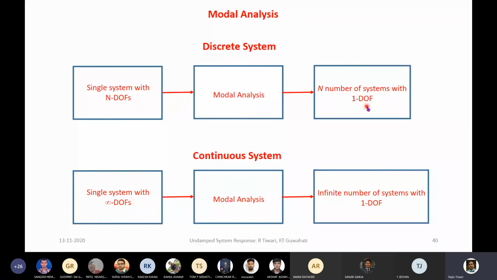In the continuous system, we have a single system with infinite degrees of freedom. Using modal analysis, as we'll see in the subsequent lectures, we can convert the single continuous system to an infinite number of systems, each with 1 degree of freedom. So this is the very abstract representation of modal analysis.